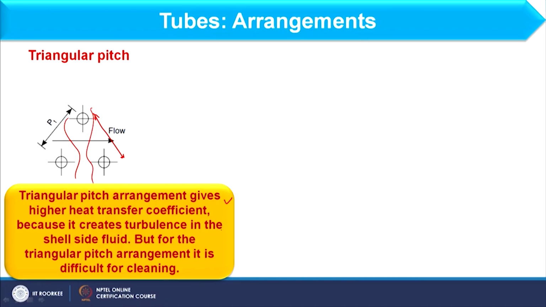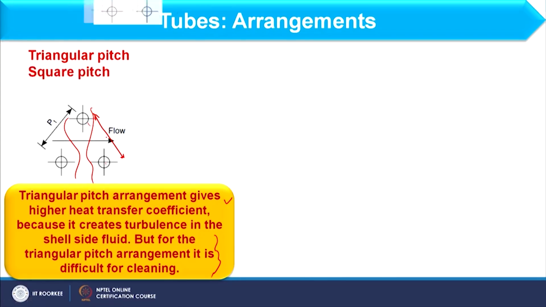So, it will create more turbulence. However, at the same time it gives difficulty in cleaning because space between tube is very less in triangular pitch as compared to other pitch.